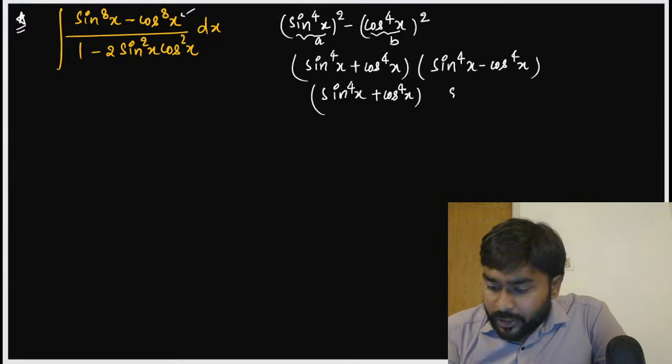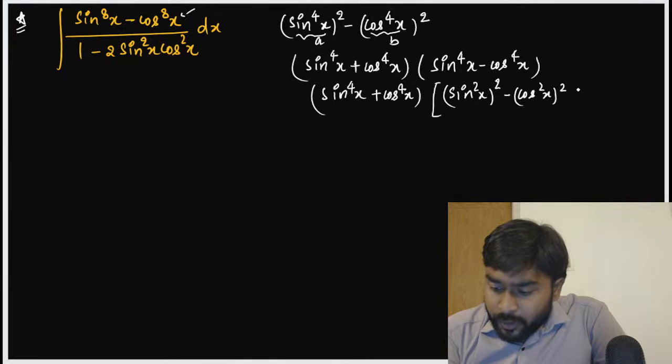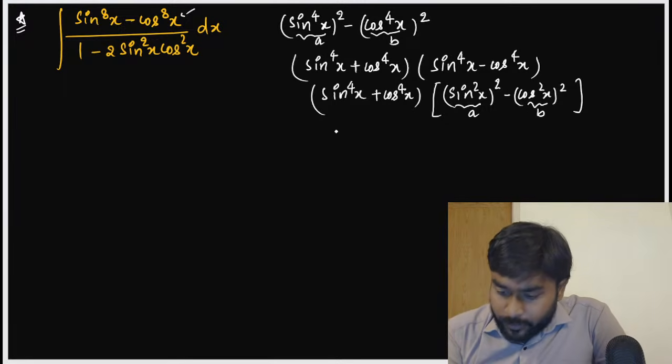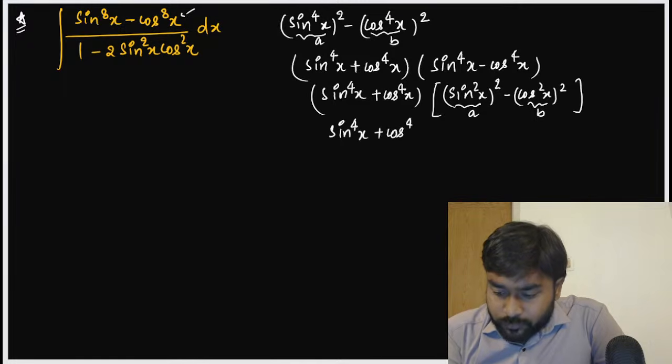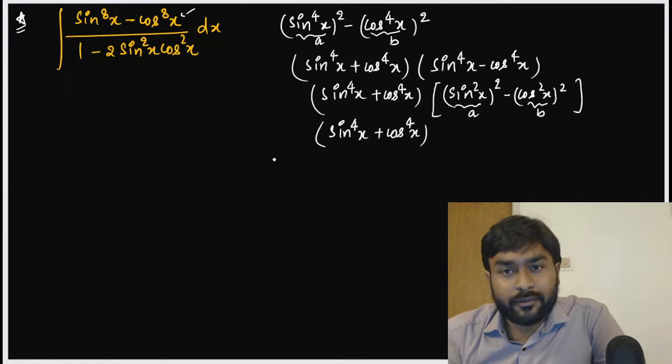How will we break? We can write (sine square) whole square, and here you can write (cos square) whole square. Correct? So a square minus b square again. This will become our a and this will become our b. Okay, a plus b, a minus b. So sine power 4 plus cos power 4, this we are writing as it is.